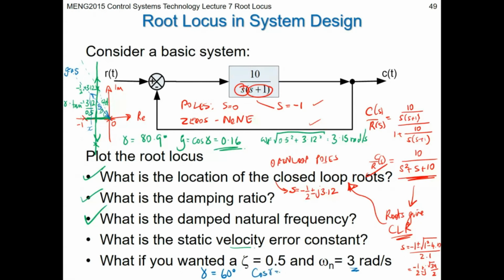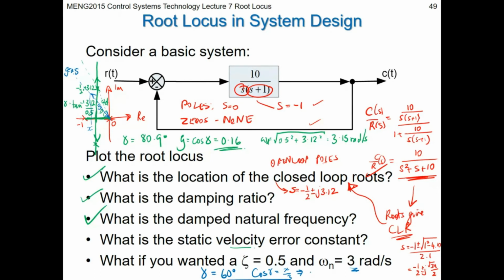Cosine of the angle equals adjacent over hypotenuse, x over, we said that has to be 3 radians per second, okay? And the angle is 60 degrees, we said, right?